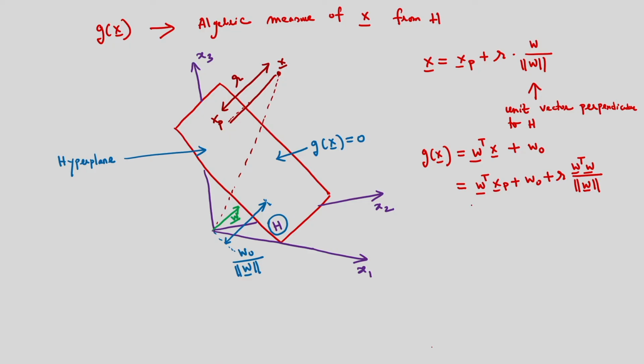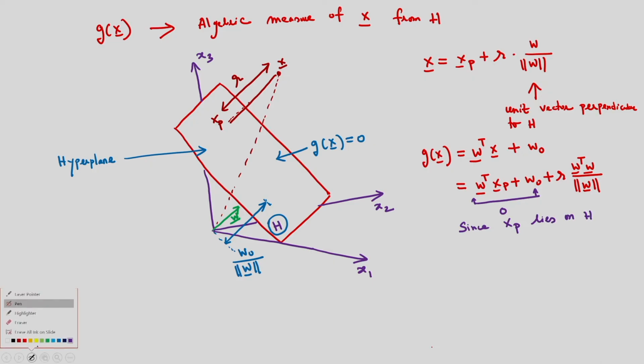If you see this part, W transpose XP plus W naught, this is actually 0, since the point XP lies on H.